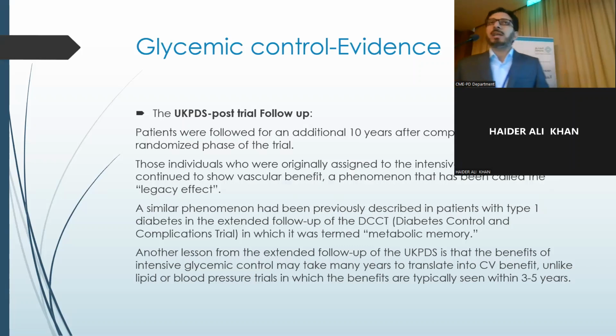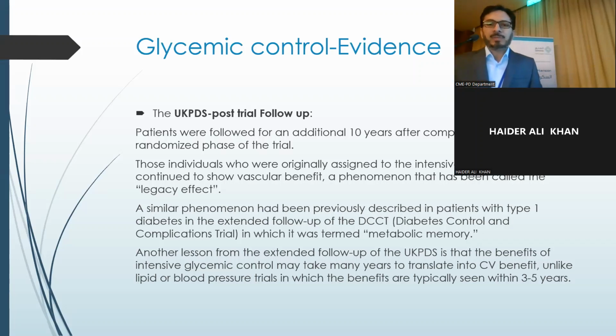The point I would like to highlight here is the UKPDS post-trial follow-up. These patients were followed up for an additional 10 years after the completion of the randomized phase of the trial, and those individuals who were originally assigned to the intensive treatment group continued to show vascular benefit, a phenomenon that has been called the legacy effect. If I may remind ourselves, a similar phenomenon was previously described in type 1 diabetes, in the extended follow-up of the DCCT trial, in which it was labeled the metabolic memory.